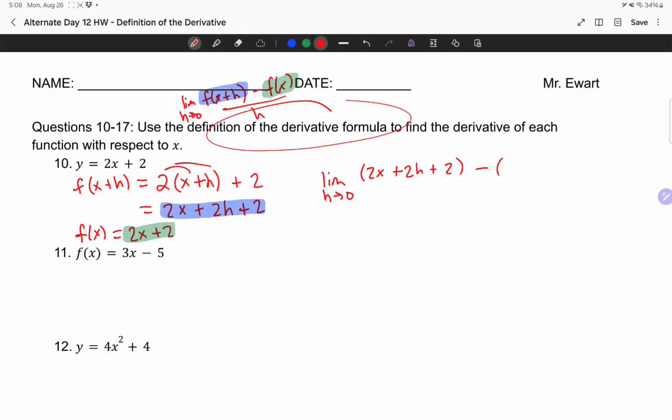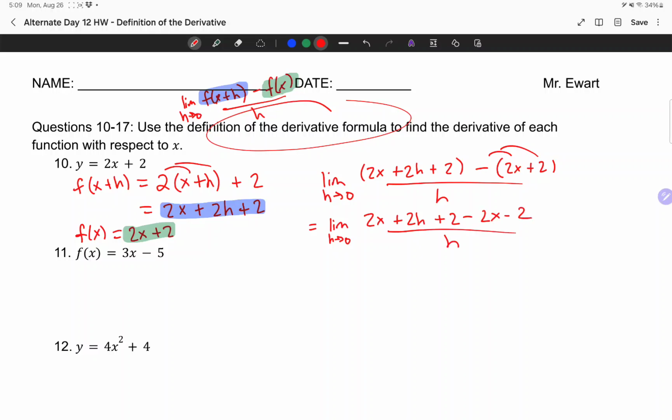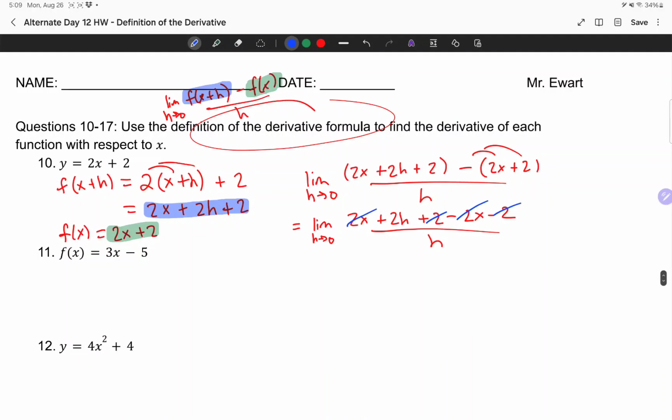So in this case, that's 2x plus 2. Make sure you go ahead and distribute that all over h. That's going to give us the limit as h approaches 0 of 2x plus 2h plus 2 minus 2x minus 2 all over h. Positive 2x minus 2x, positive 2 minus 2 all cancel.